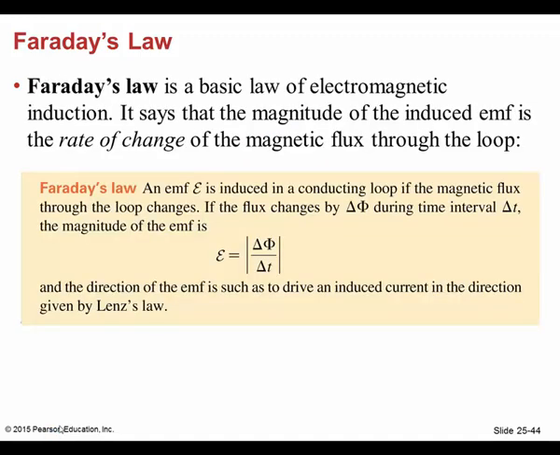So Faraday's law says what? That the EMF of a loop is based on what? Well, notice something here: the change in flux through a given time interval. Not just flux, but change in flux, and that's very important. So if the flux changes through a given time interval, then we create what is called EMF or voltage.